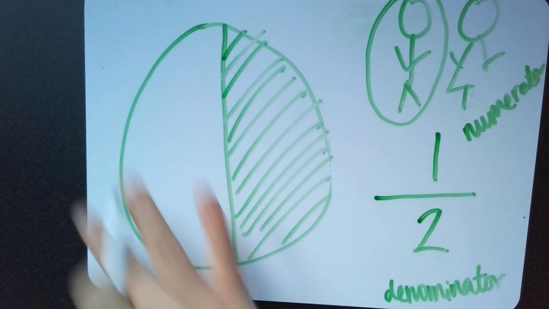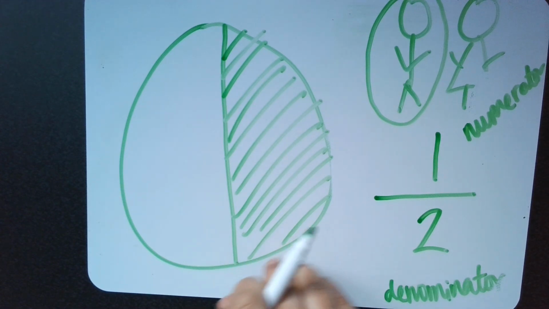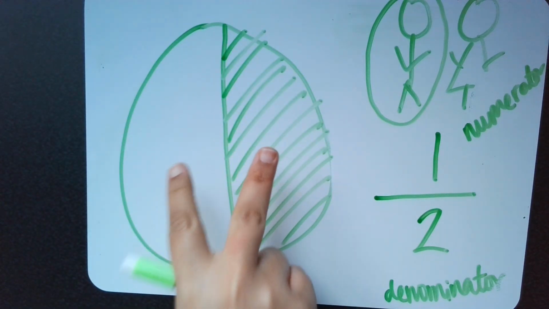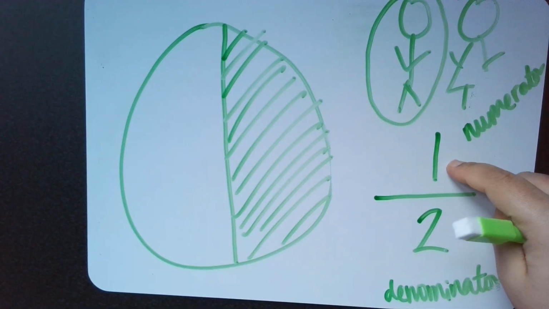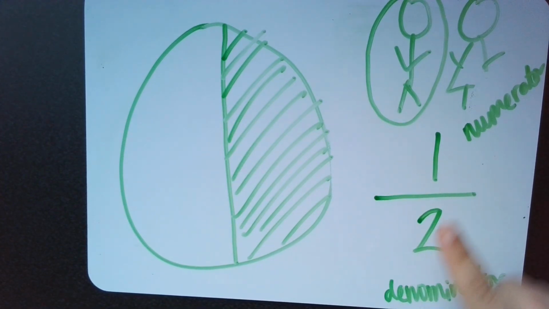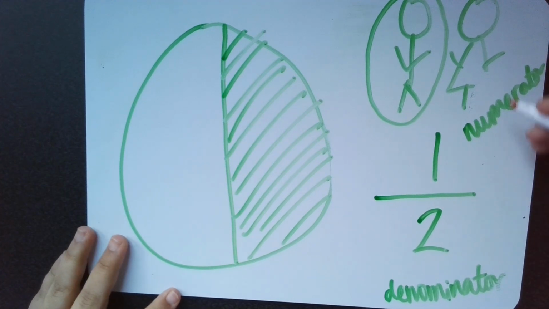We're looking at 1 shaded part in a circle that has got 2 parts altogether. My numerator is 1. I've got my vinculum, and my denominator is 2. This is actually how I'd write this fraction. And as a fun fact, when you've got a fraction where the numerator is 1 and the denominator is 2, we actually kind of already know this.